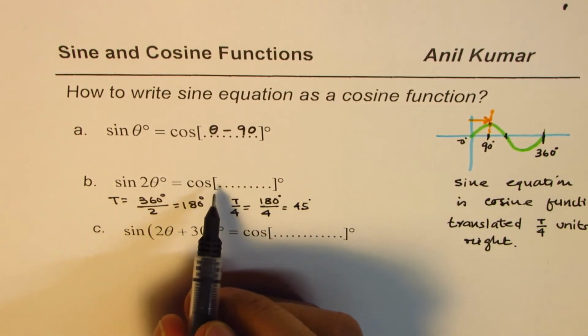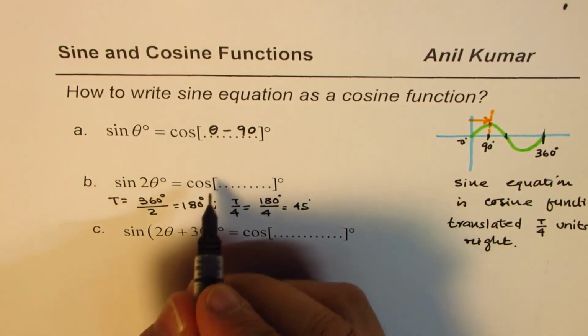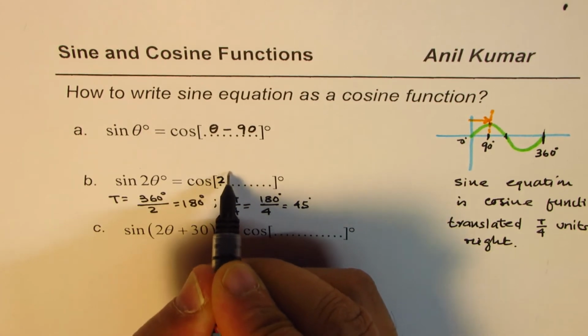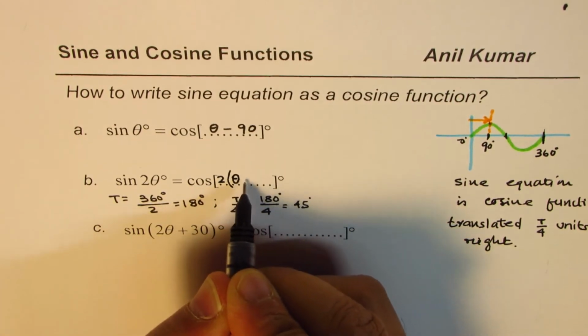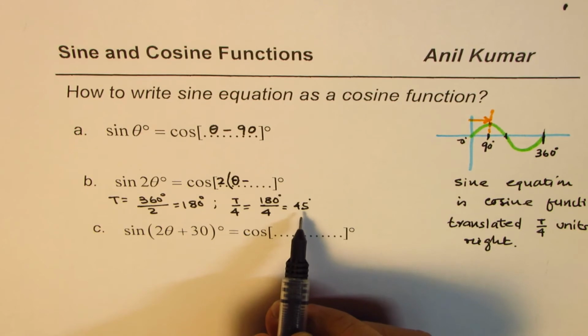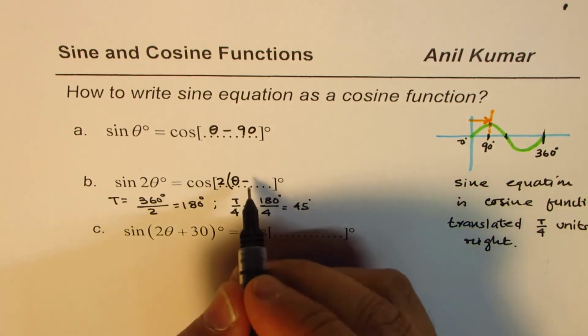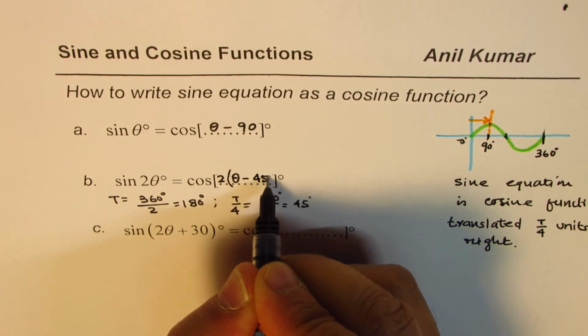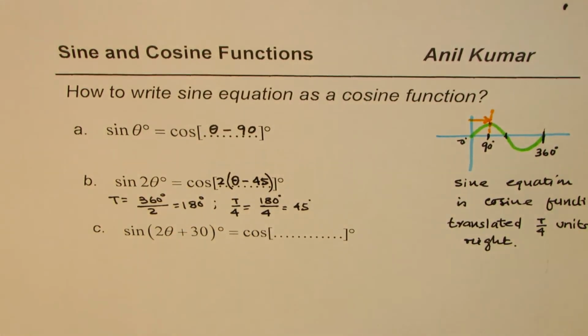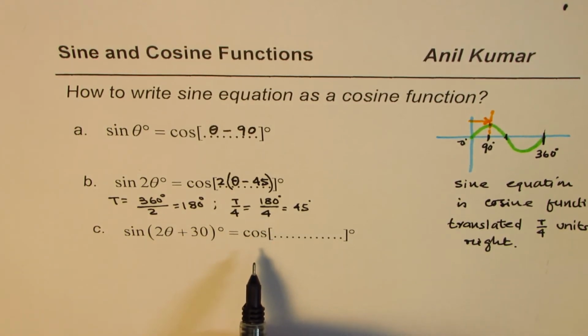So you can write this function as sine 2 theta equals cos of 2 times theta minus 1/4 of the cycle, which is 45 degrees. Is that okay? So minus 45. So that becomes the cosine function for sine 2 theta. I hope the steps are absolutely clear. You can follow the same method and do the last one.